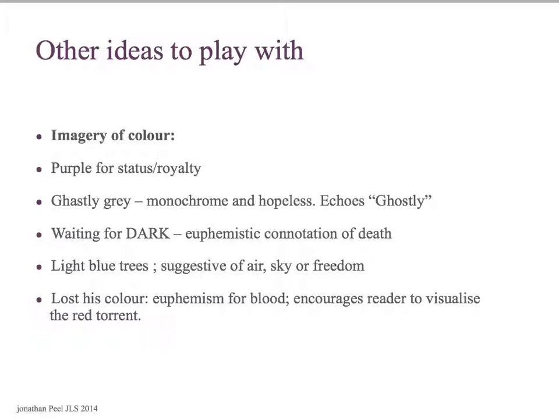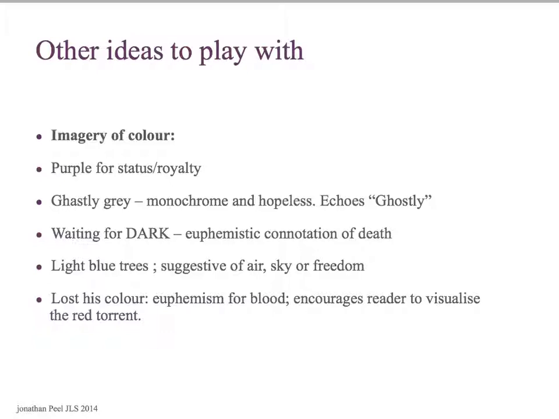So far I've talked about what I think he does, and I've shown you how I would expect you to write about what he does, combining both a zooming in analysis of discussion perhaps of the colour imagery of purple, but also a comment about the language choice. Other ideas we could play with might well be this purple for status and royalty in the colour, linking the colour idea to ghastly grey and monochrome, waiting for dark, light blue trees in the juxtaposition of the town.